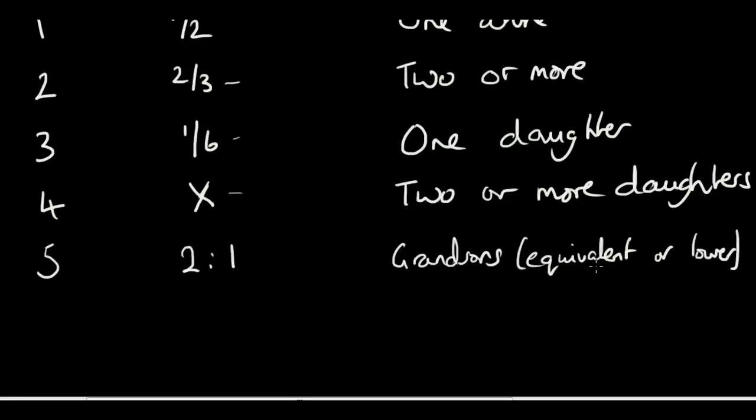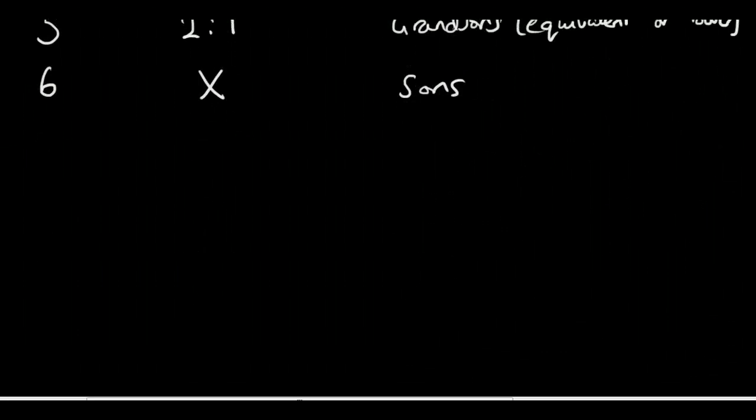And I'll come on to shortly what that means. And the final state is where the granddaughters are again deprived, and this is where there are sons alive. So whenever there are sons, the granddaughter will get deprived. So if we look at number 5, if we do a few questions, this should become clear.